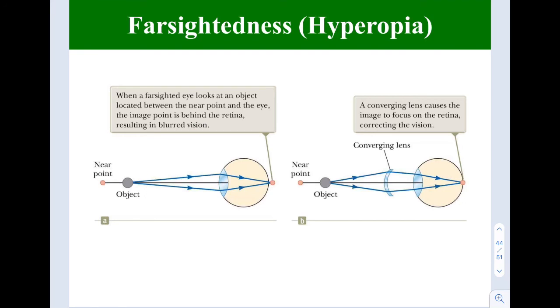So what should we do? We put a converging lens. The converging lens causes the image to be focused on the retina, to correct the vision. So this is for those who have a problem with farsightedness.